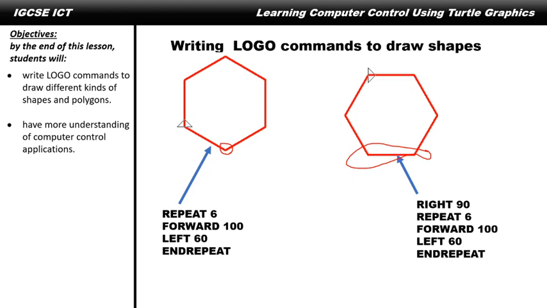In that case, it now produces the hexagon sitting on its base. So please take note of the direction where the turtle is facing before you start to write your command.